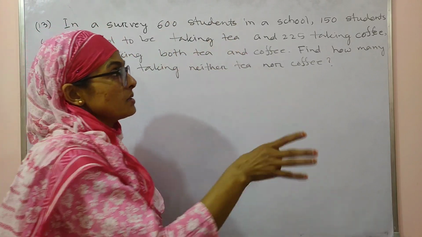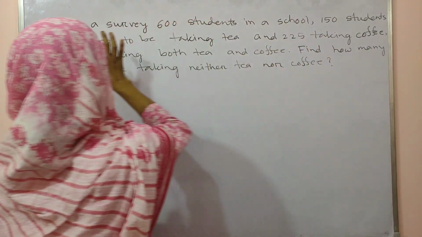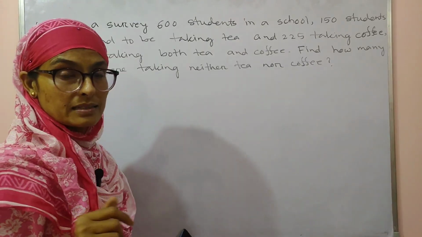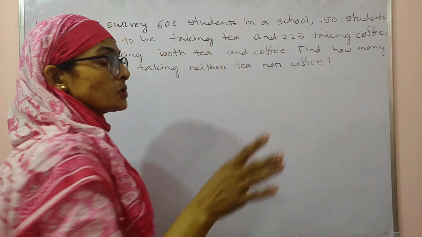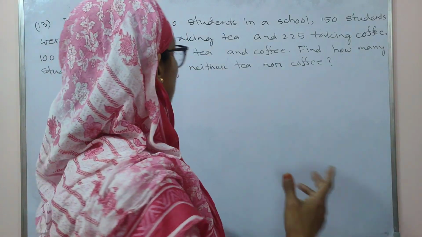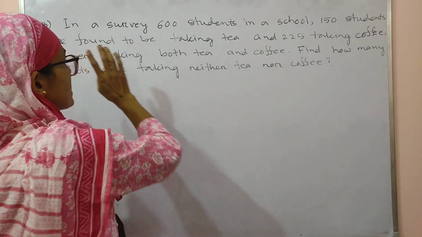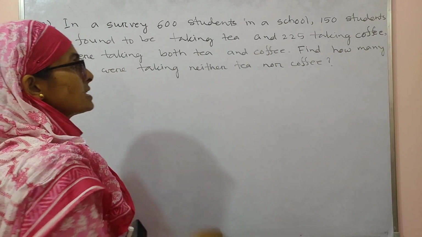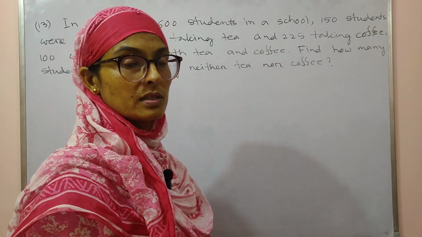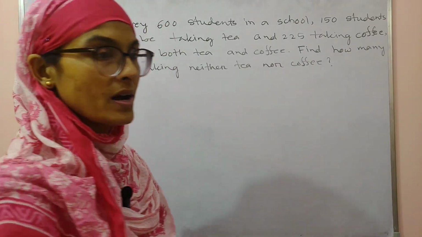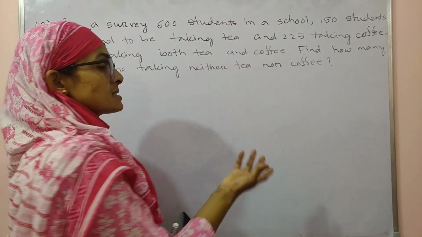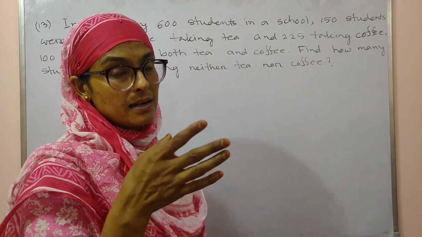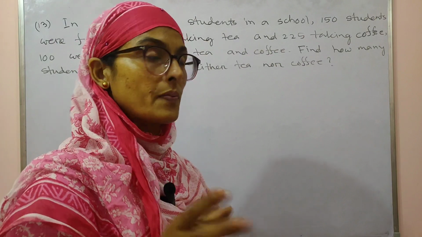Out of 600, 150 students were found to be taking tea and 225 taking coffee and 100 were taking both tea and coffee. How many students were taking neither tea nor coffee? That means you have to find first students taking either tea or coffee.